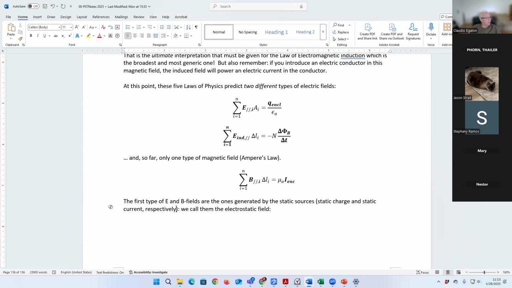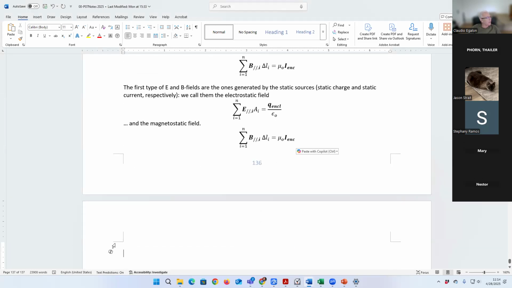We call them the electrostatic field, right in here, and the magnetostatic field.